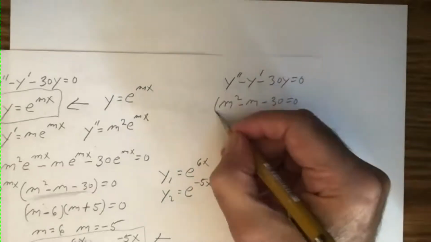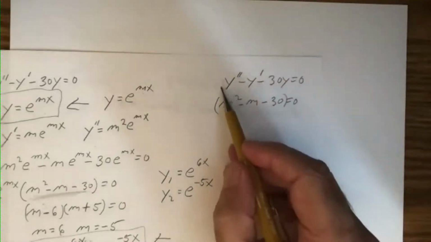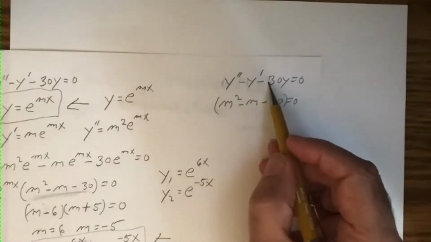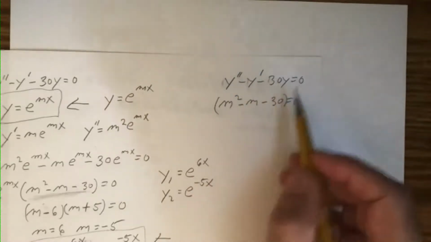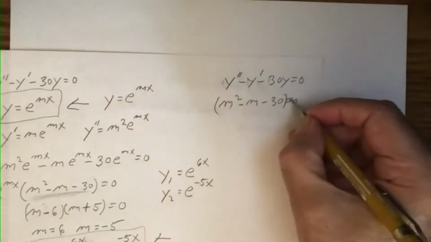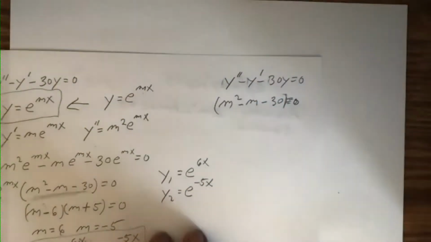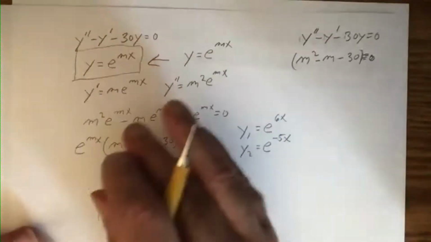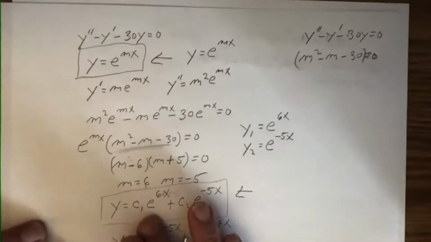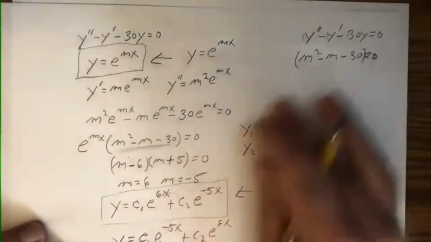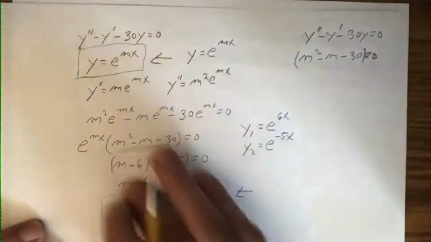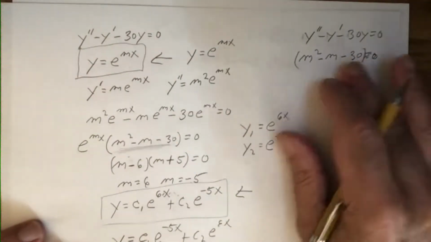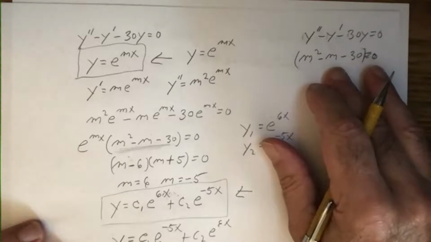There's a 1 in front of here, a minus 1 in front of here, and a minus 30 in front of here. So this is my auxiliary equation. When you solve these problems, you don't have to go through all this. I'm showing you why this comes about. We can immediately write down the auxiliary equation and then solve it for m.